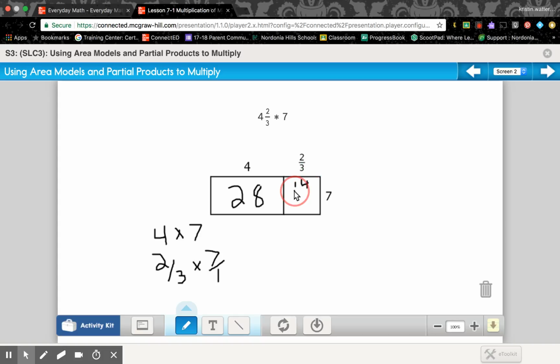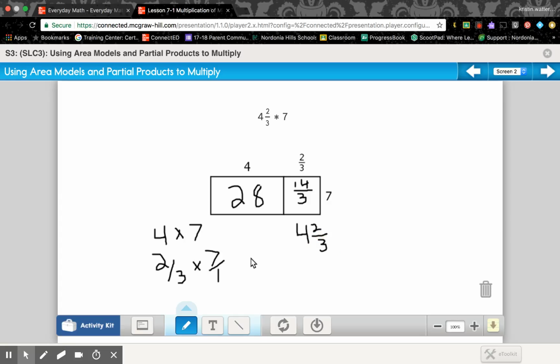And then what is 3 times 1, which is 3. So we could call this box 14/3, or we could call it, how many times does 3 go into 14? It goes in 4 whole times with 2 left over. Remember, your remainder goes in your numerator and your denominator stays a 3.